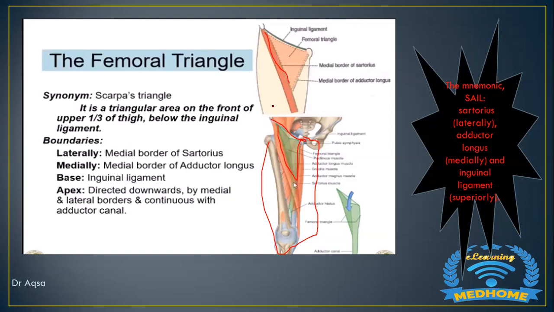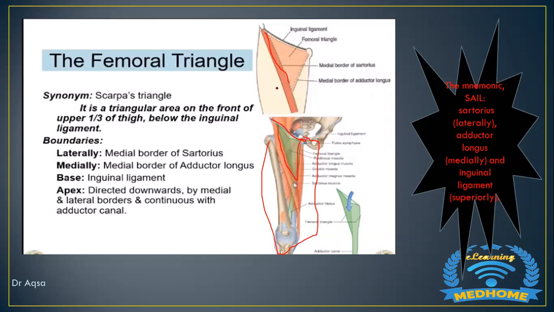Again, I'm going to repeat this mnemonic: SAIL is the mnemonic to remember the boundaries of the femoral triangle. S stands for sartorius, which forms the lateral boundary. Medially, we have the medial border of the adductor longus muscle, that is A. And superiorly, the base is formed by the inguinal ligament.